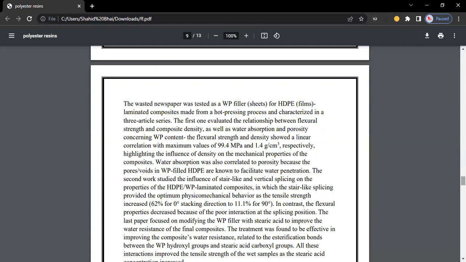Water absorption was also correlated to porosity because of the pores filled with the water penetrating.